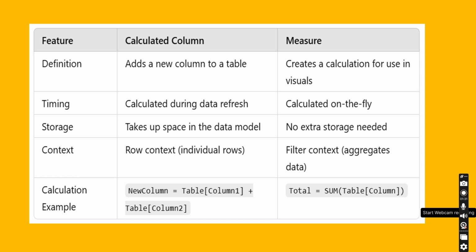These are some basic examples for calculated columns and measures. Performance-wise, calculated columns can increase the memory usage for data storage, and a measure is more efficient, as it's calculated only when needed.